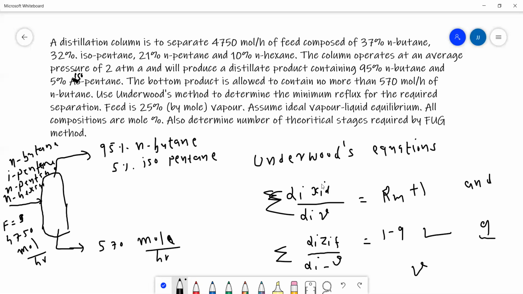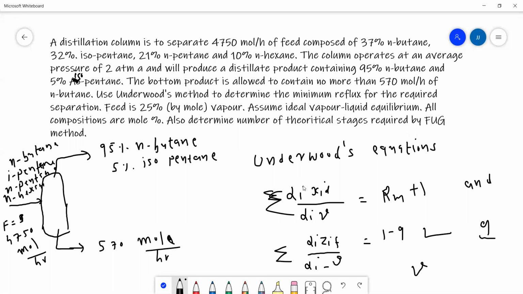Here alpha I is the relative volatility of the I component with respect to the heavy key component. I think you already studied this.